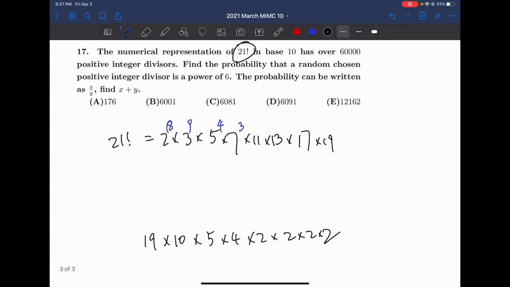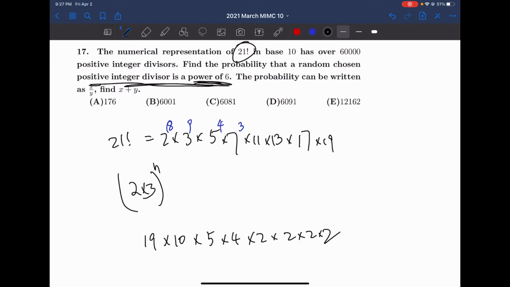Let's see our question. It asks the number of positive divisors that is a power of 6. So a power of 6, let's say it's not something to the 6th power. Instead, it is a power of 6. Therefore, it would be 2 times 3 to the nth power.